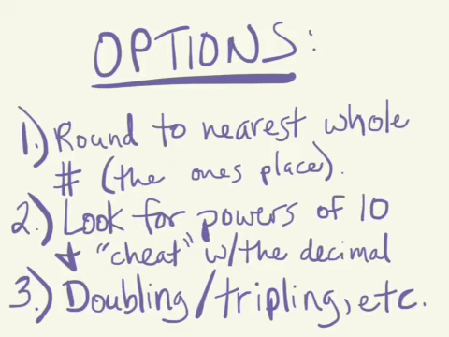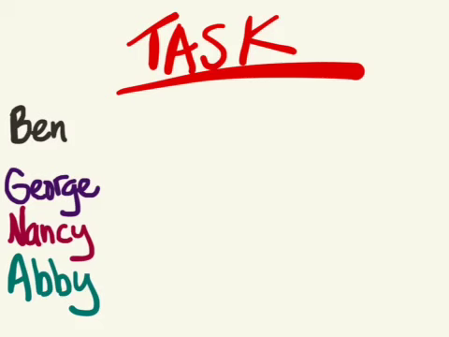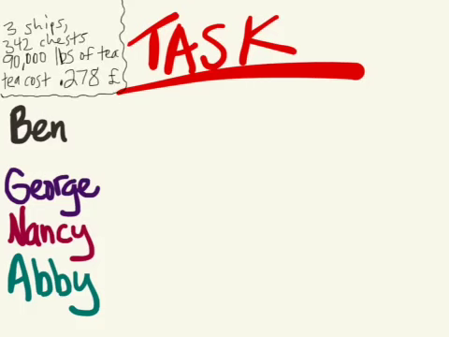All right, here's your task. After the Boston Tea Party occurred, Ben, George, Nancy, and Abby got together and they wanted to calculate about how much money was destroyed with the tea. Here are the facts. 3 ships were boarded: the Beaver, the Eleanor, and the Dartmouth. 342 chests of tea were broken open and dumped into the harbor.